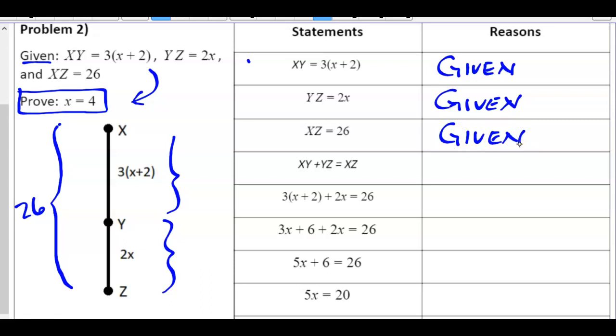Sometimes these are all lumped into one statement, and so you have to write given once. That's fine too. Here they're broken up into 3. That's fine. It makes it look like it's a longer proof. Ooh, yeah. All right. Why can we say this little piece plus this little piece equals this big piece? Well, that is the segment addition postulate.